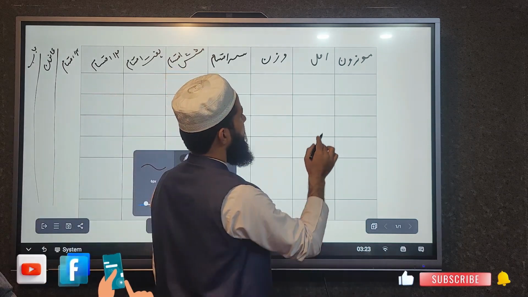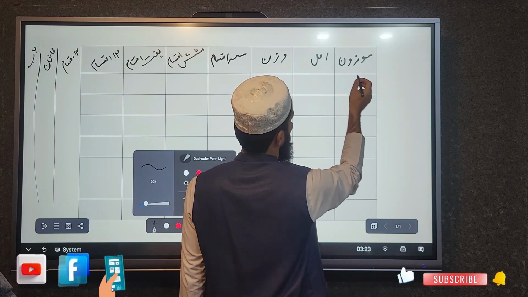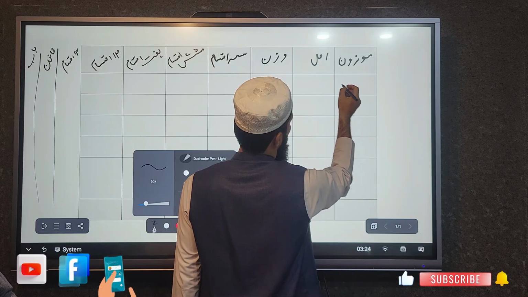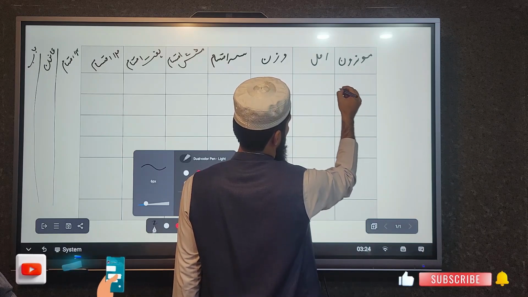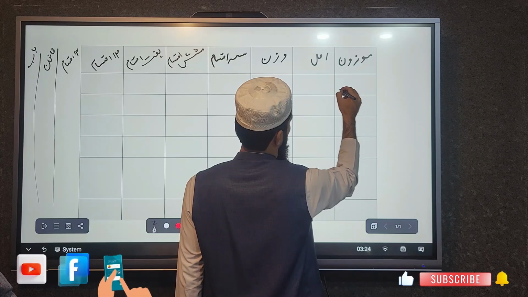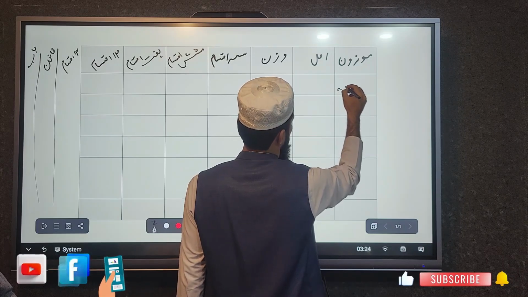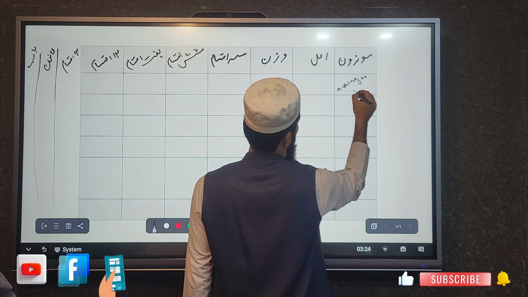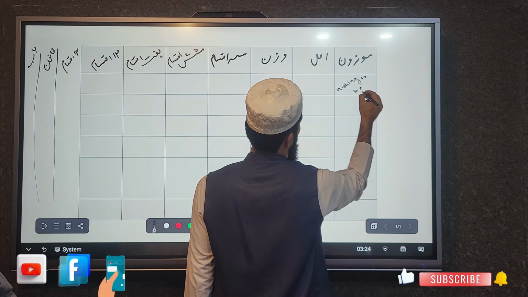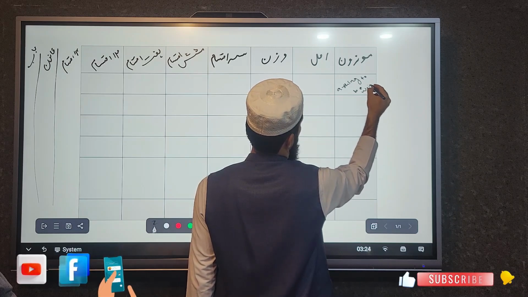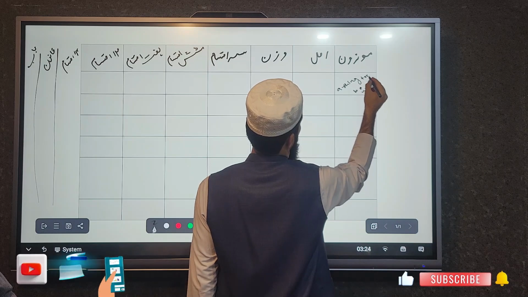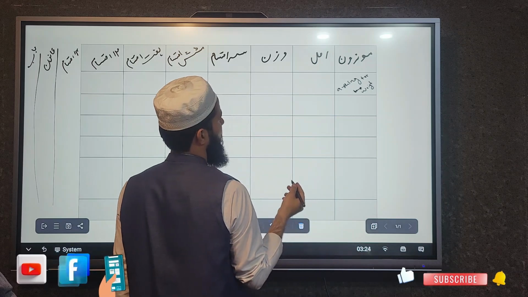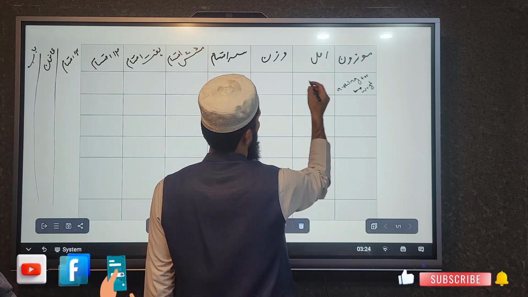So in the first column we write mawzoon. I will write here the meaning of mawzoon in English: a thing available for weight, which is available for weight.